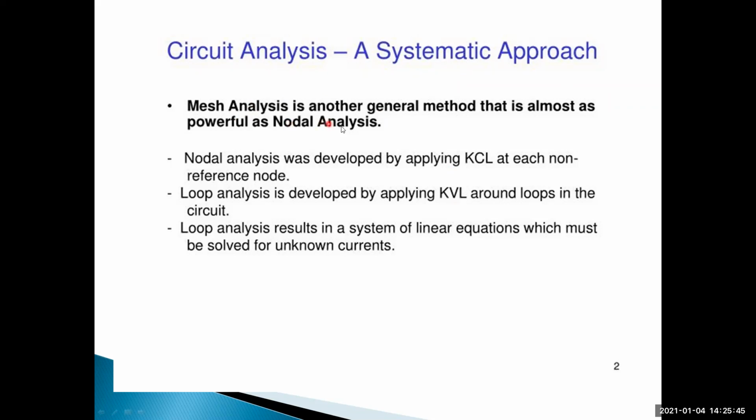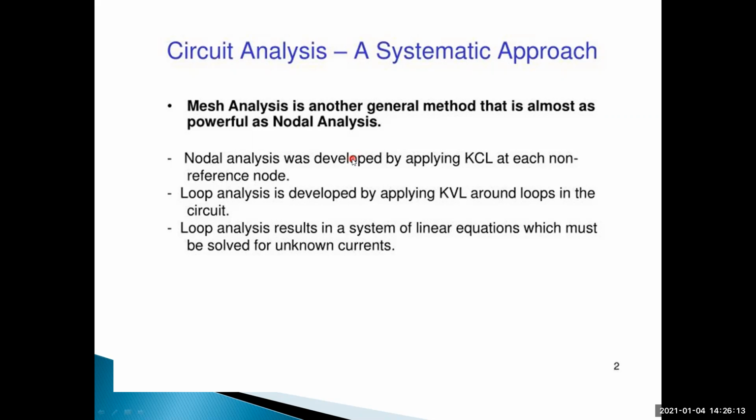Mesh analysis is another general method that is almost as powerful as node analysis. I already told you, compared to node analysis, mesh analysis is a very powerful technique. By using this, we can easily find the mesh currents, which are called loop currents. Any complicated network is easier to write equations for compared to node analysis.